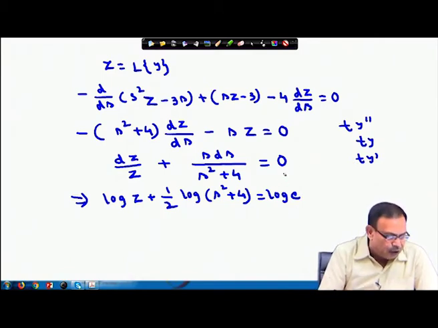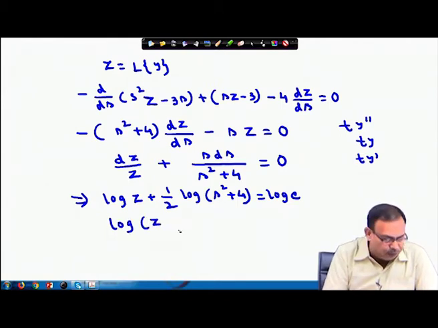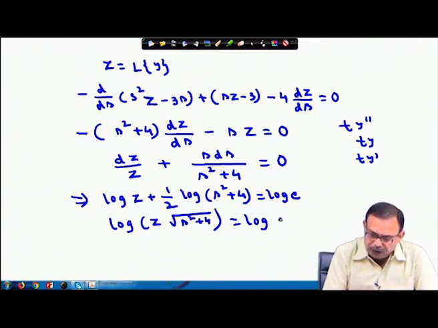Here I am integrating on both sides and choosing an arbitrary constant, log c. So, log of z into root over s square plus 4 equals log of c.